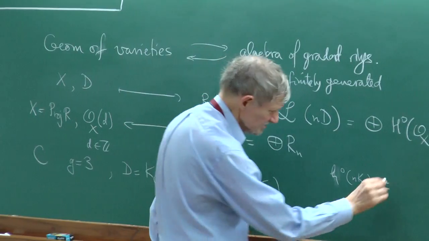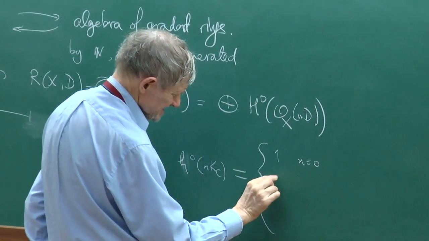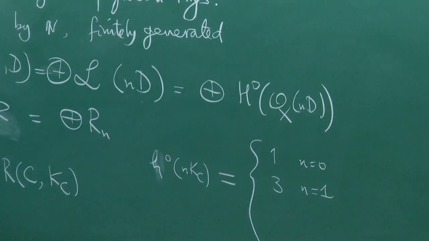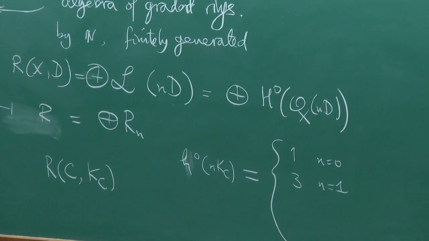So this is equal to 1 if n is 0, and 3 if n is 1. That's the definition of the genus: the number of sections of K_C is one definition of the genus.